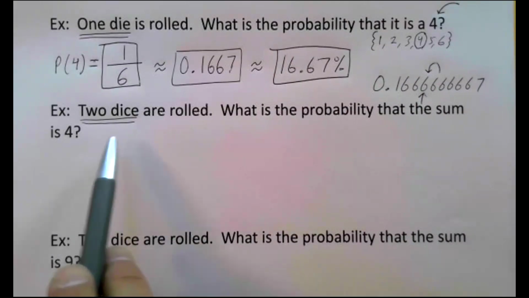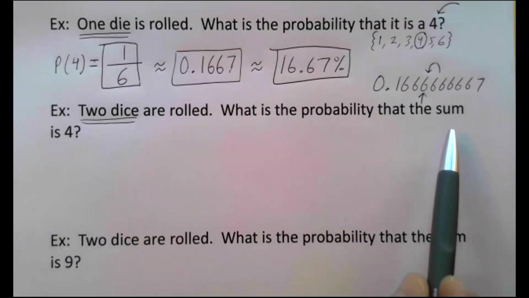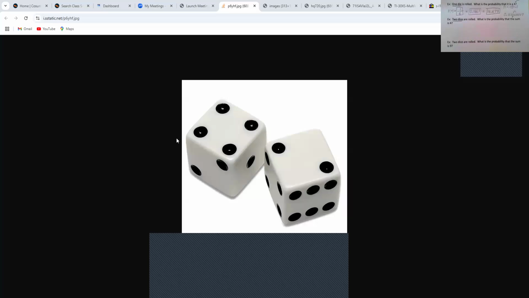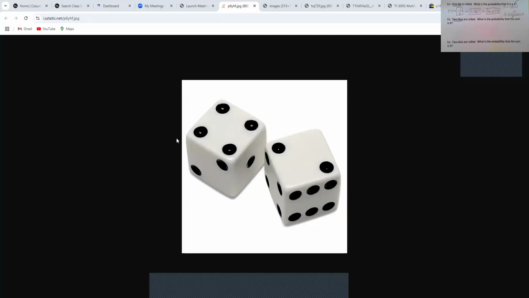Next question says 2 dice are rolled. What is the probability that the sum is 4? That means they add up to 4. So remember, I just showed you a picture of 2 dice. When you roll 2 dice, there are actually 36 outcomes.